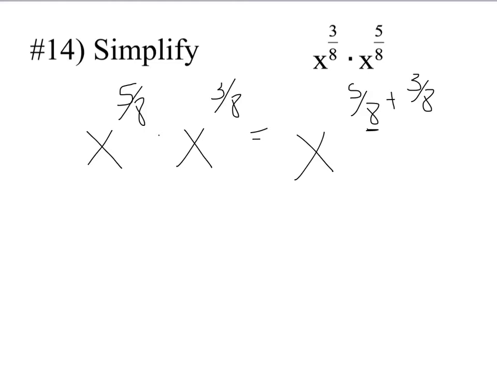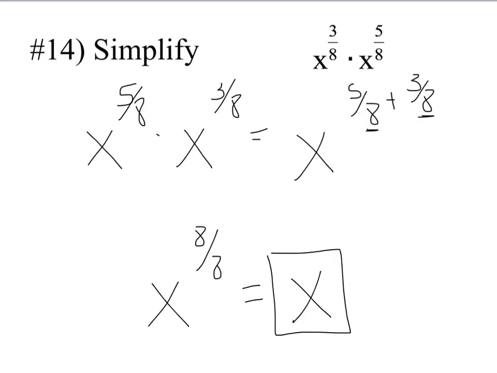I already have that. So I just add my numerators. So it becomes x to the 8/8 because 5 plus 3 gives me 8. And then we just keep our common denominator. And 8/8 is just 1. So it's x to the first power, but we don't write to the first power.